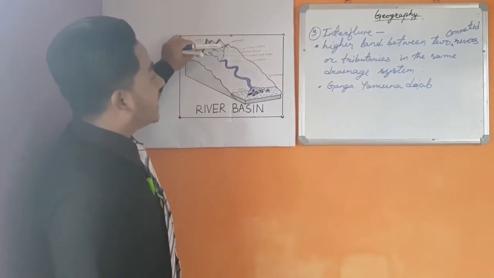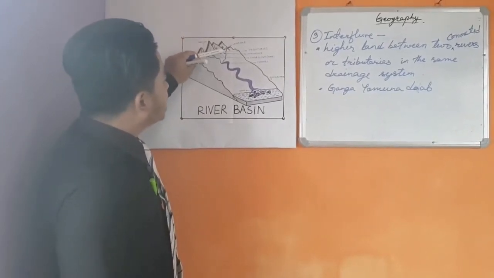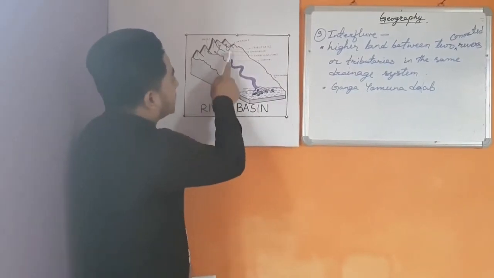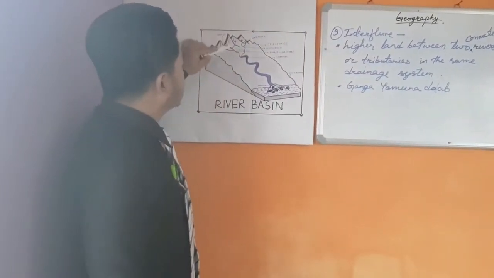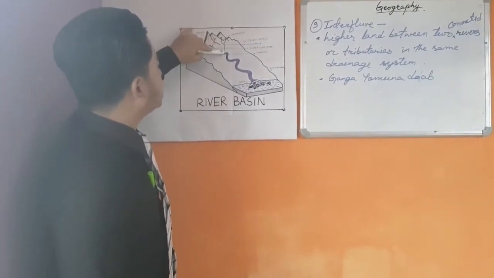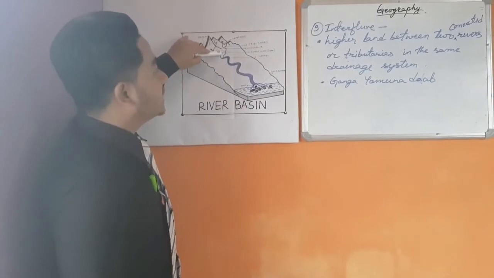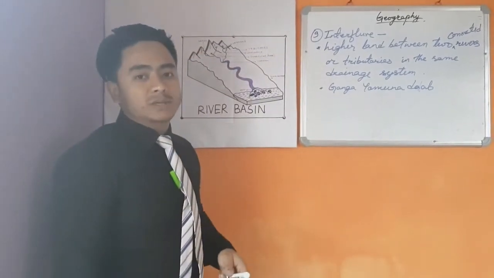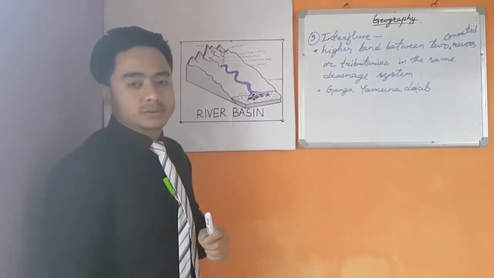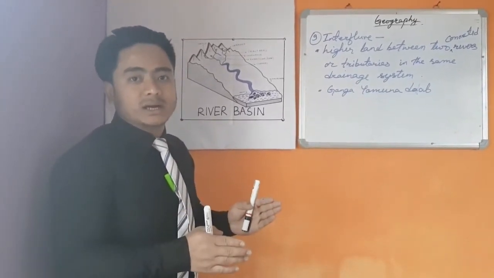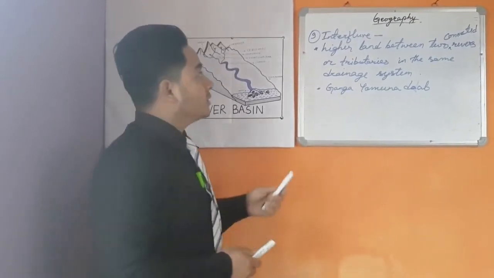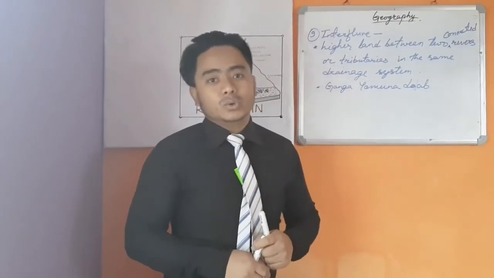This higher land between this tributary and this tributary, this particular land is called interfluve. Interfluve is also called Doab. So in our country India, the Ganga Yamuna Doab can be given as an example of interfluve or Doab.